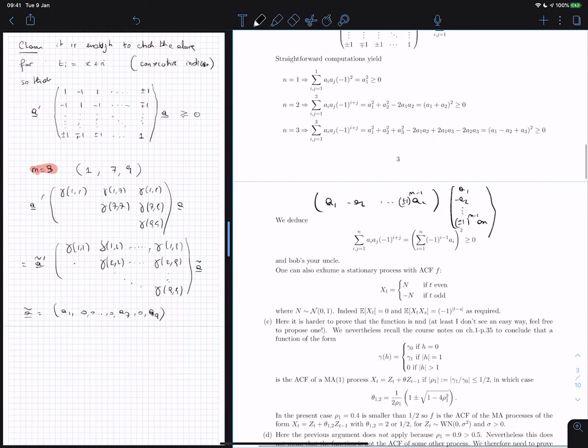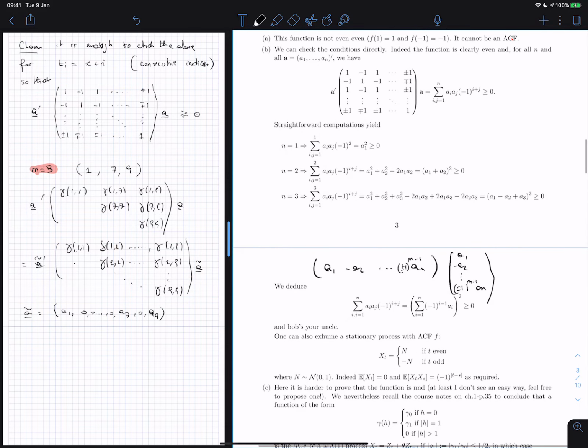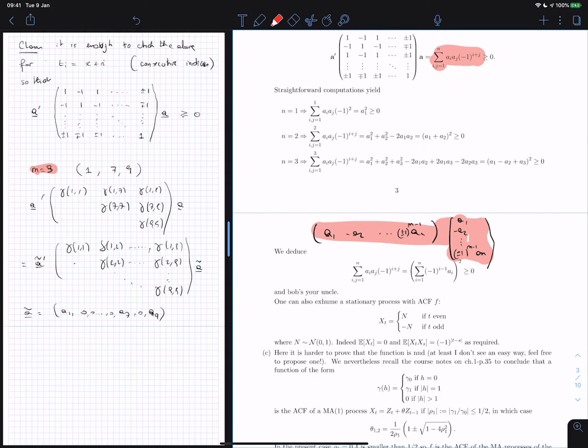So I guess what I'm saying is that this expression here is the same as this expression, this multiplied by this. And yeah, I guess you just have to work it out.